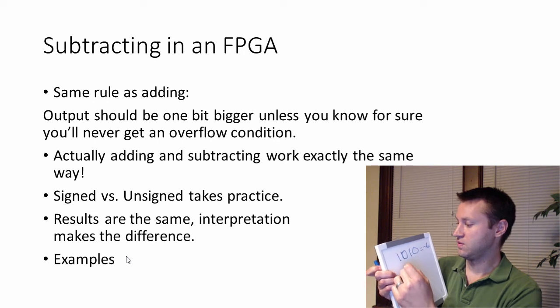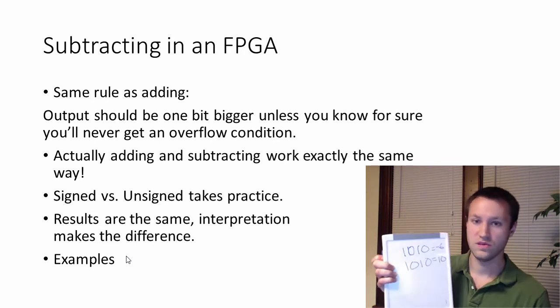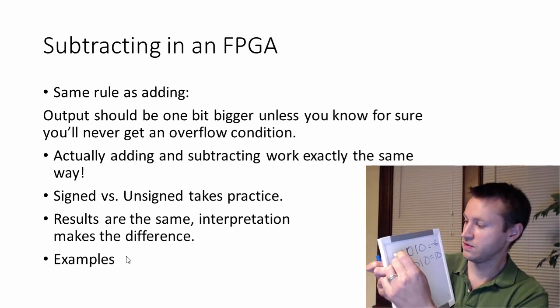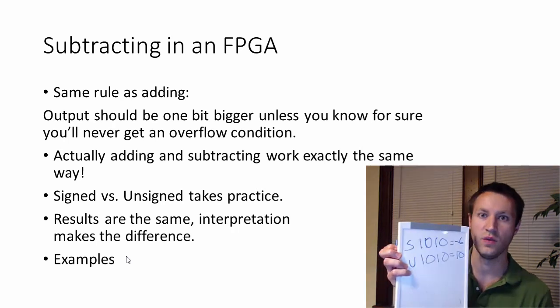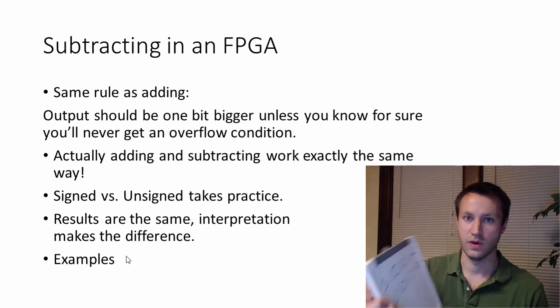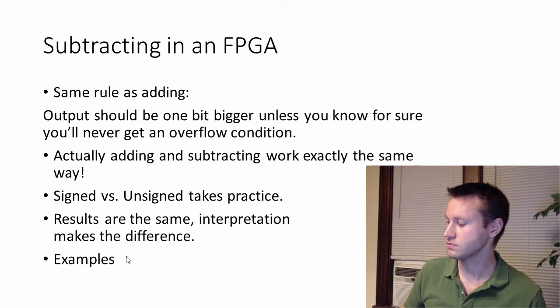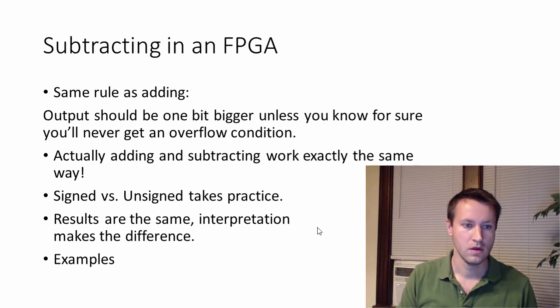If the answer is 1, 0, 1, 0 and we say it's unsigned, the answer is 10. So you need to be very clear whether it is signed or unsigned when you declare your variables, which is why I say always do that. Hopefully that makes sense.